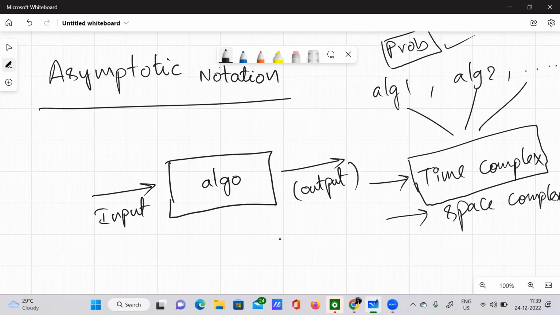This input will be processed by our algorithm, right? So here our input, for example, just imagine if I say a is equal to 10, this input is very minimal in its quantity, right? So what if I add a 0 here?